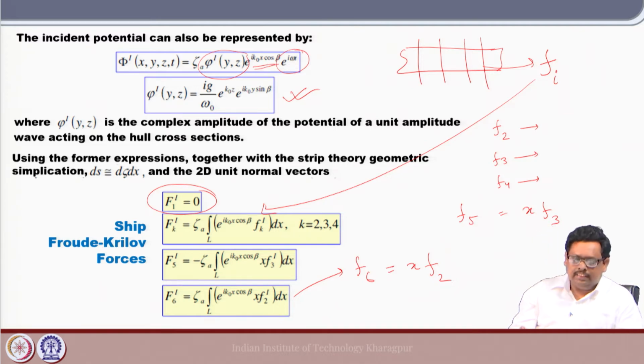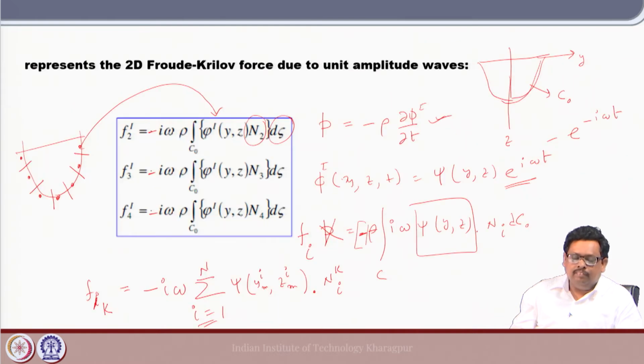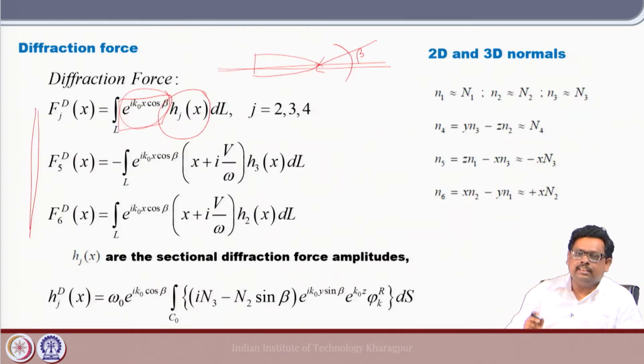If you remember our previous classes, we discussed that normally phi_I, the way we write it, or phi_I or phi_D, is nothing but g by omega into e to the power kz. Now, instead of sin(kx minus omega t), we used to write as follows.